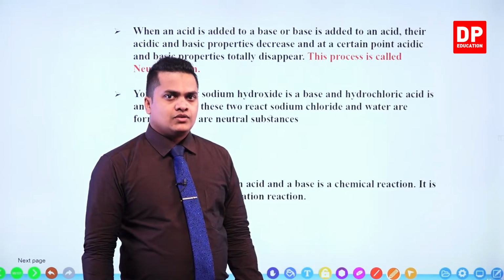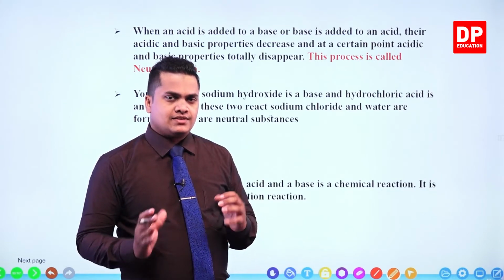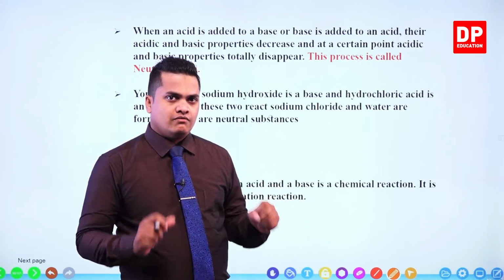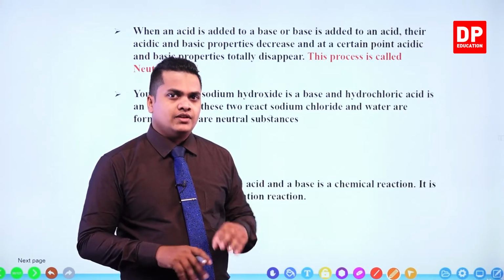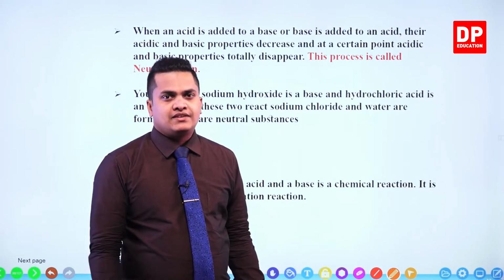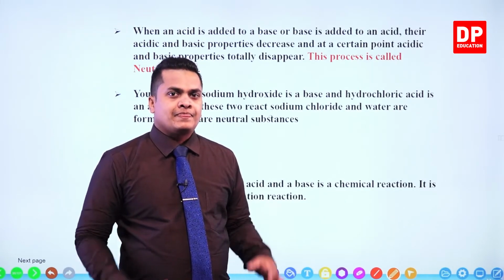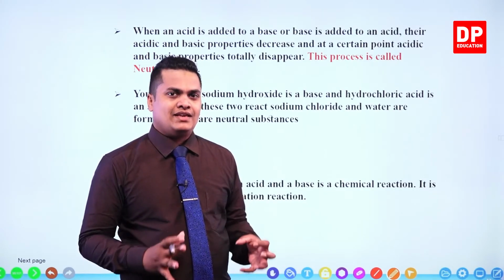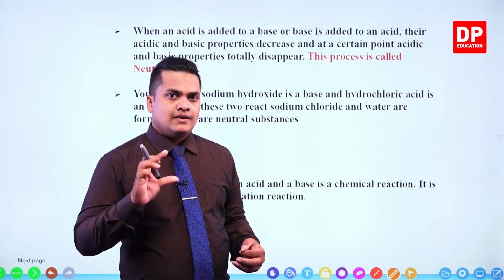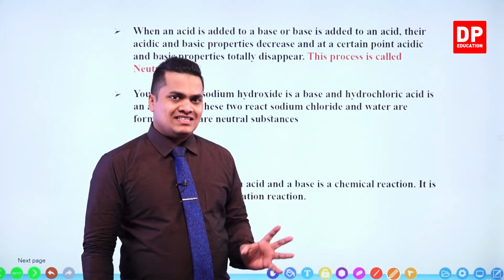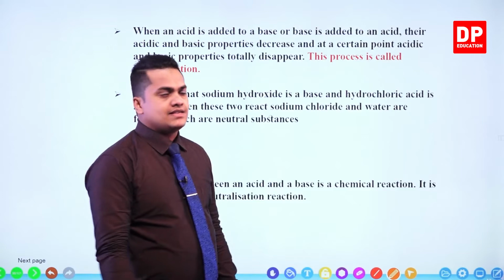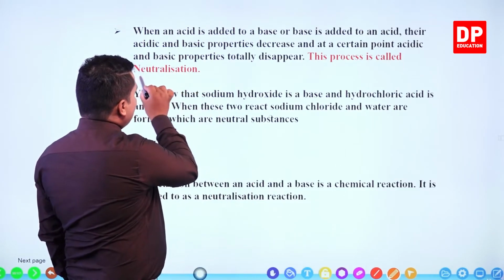Acids and bases, due to having opposite features, when mixed with each other, both the acidic and basic features disappear to form neutral substances. This whole process of making neutral substances by mixing an acid with a base is called neutralization.